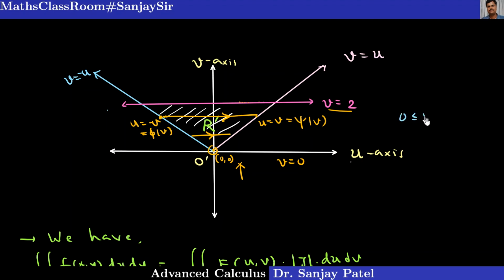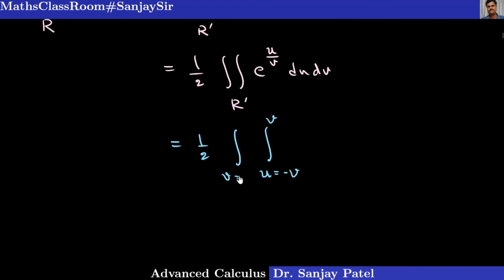We have 0 less than or equal to v less than or equal to 2, and u varies from phi v to psi v, means u varies from minus v to plus v. So I can write here v is equal to 0 to 2, and the function to be integrated is e raised to u upon v du dv. Sorry, this is first with respect to u, so it is du dv.